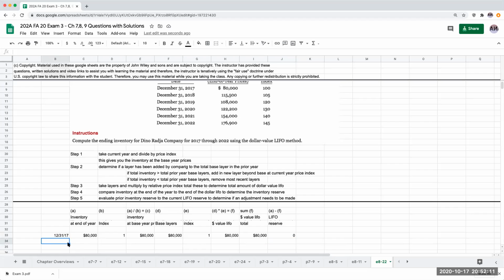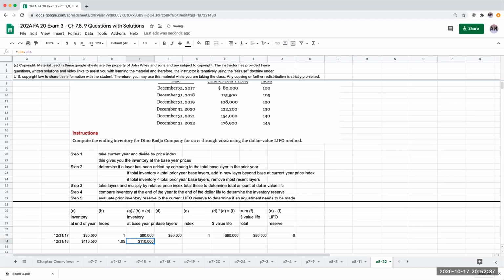The next one is going to be 12/31/18. So this is going to be 115,500, and my price index is 1.05. So I can compare this 115,500 to the prior year, I need to divide it by 1.05.